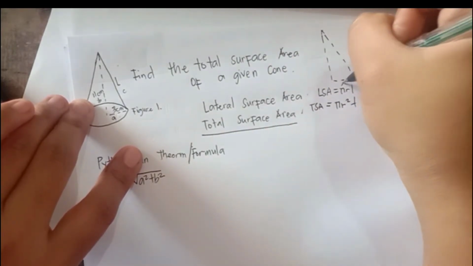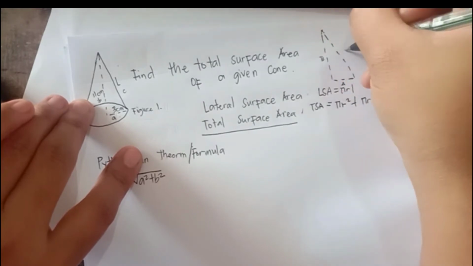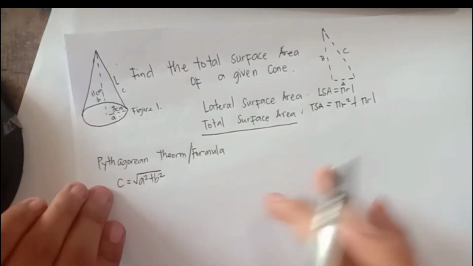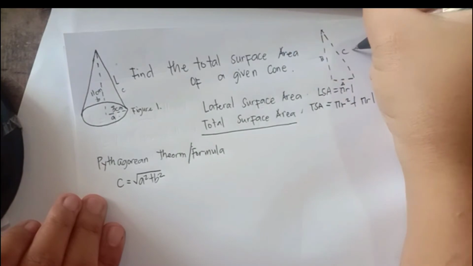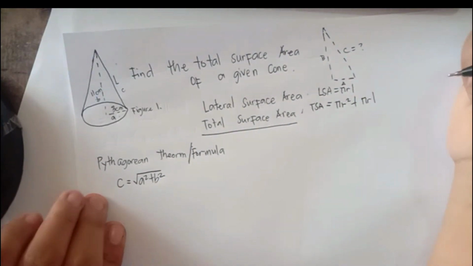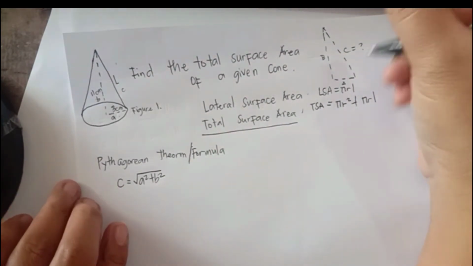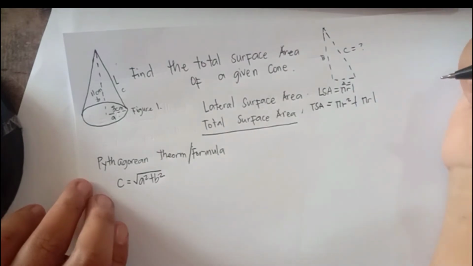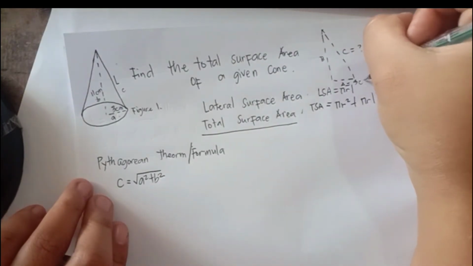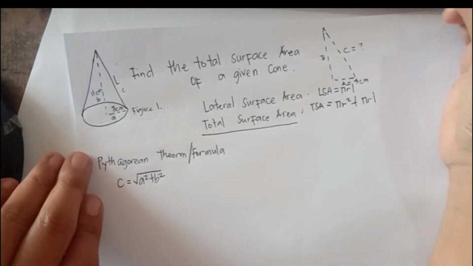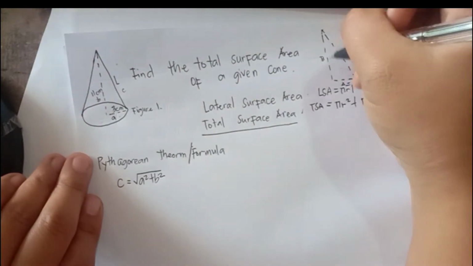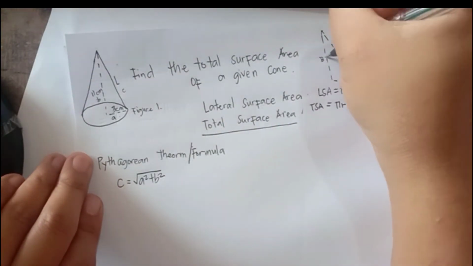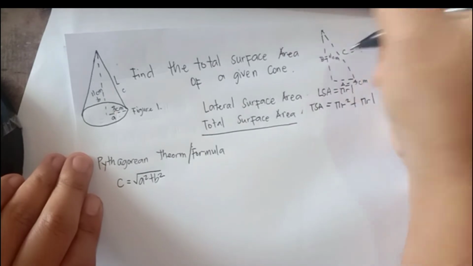This is our A, B, and C. So, ang C natin is wala. Then, ang ating A is 3 cm. Then, ang ating B is equals to 11 cm.